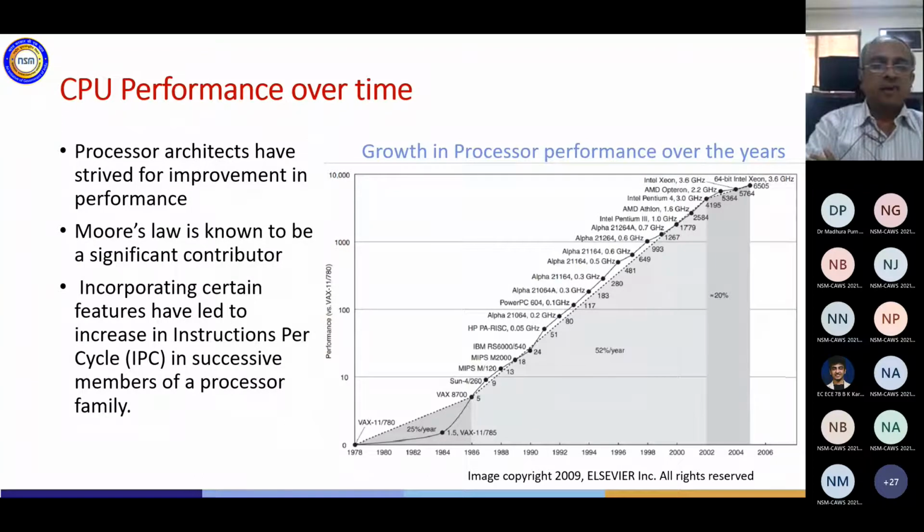Any code written for 80386 is guaranteed to run on other newer processors, not the other way. That is, code written for, let's say, Pentium will not run on 386, but the reverse will be true. So you have a processor family because the same company is developing those successive generations, successive members of a processor family.